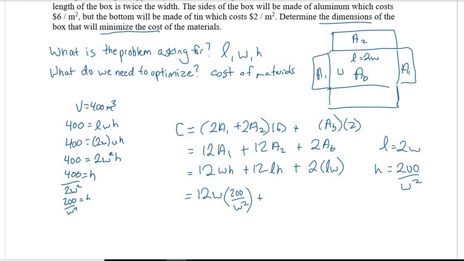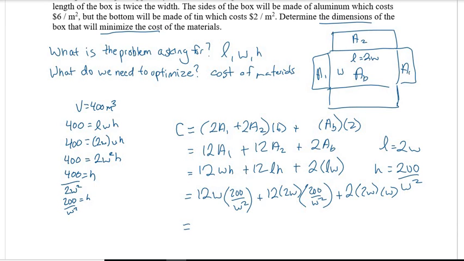And then for length we said 2w. For height we said 200 over w squared. And then for length 2w times width, we're going to keep the same.